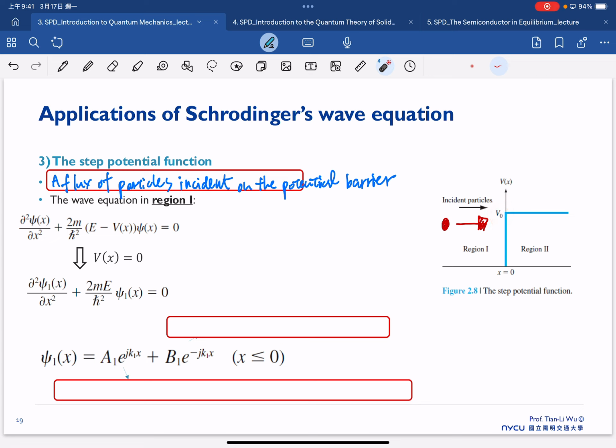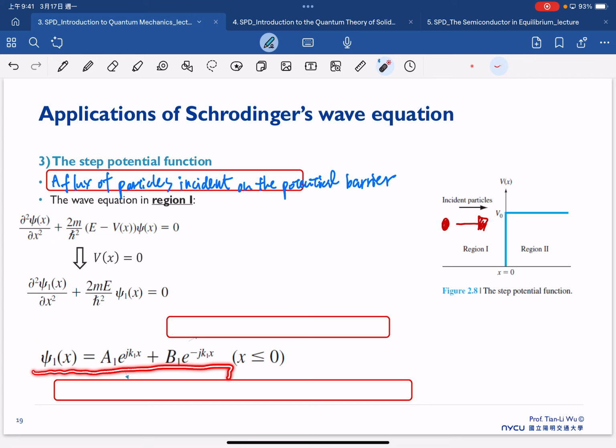So we first try to solve the wave equation in region 1, where we put the potential equal to 0. Then we can simplify the equation as shown here, and we get the solution shown here.